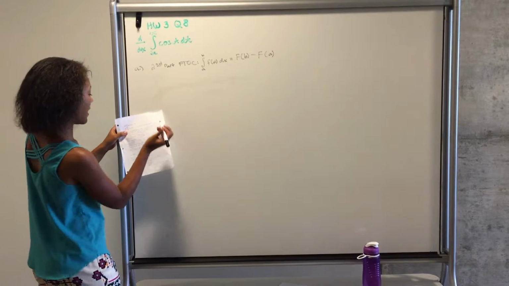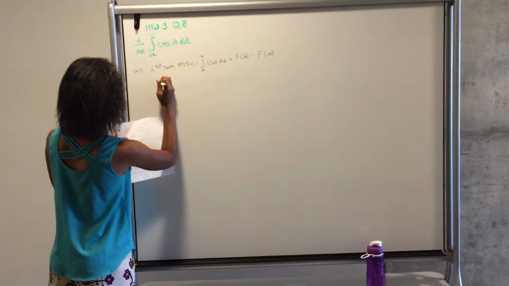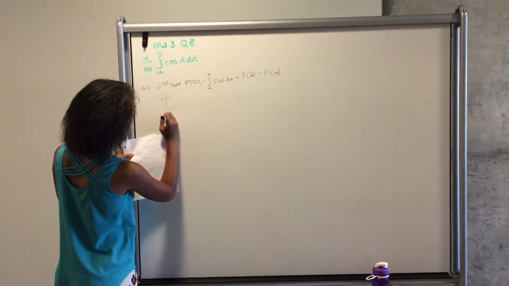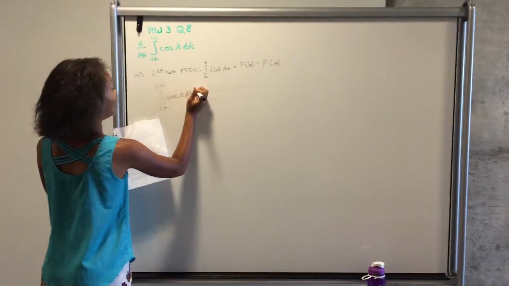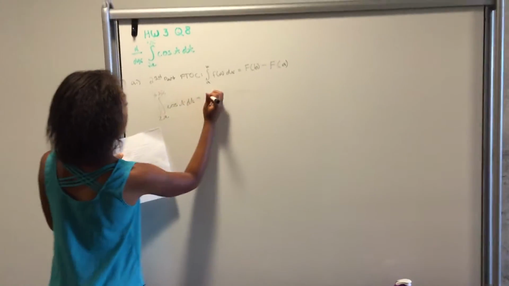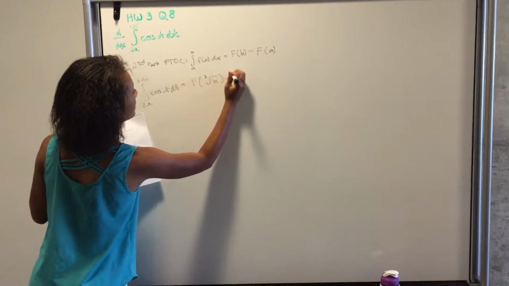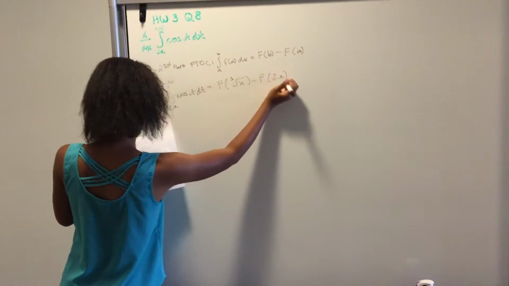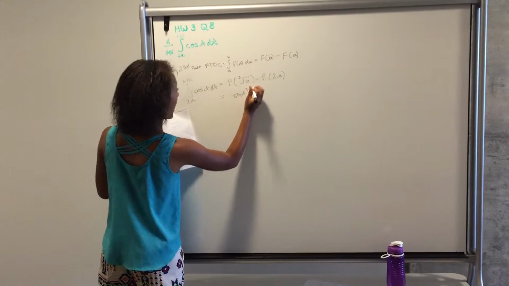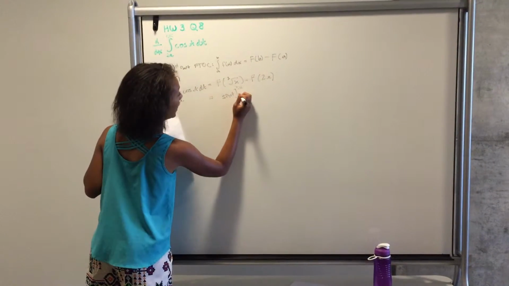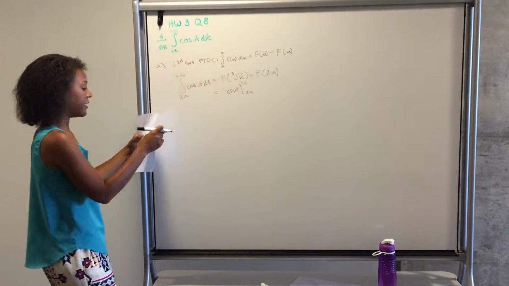And after knowing that, I can write it out like this: the integral from 2 pi to third root x of cosine t dt equals the antiderivative of third root x minus the antiderivative of 2 pi, which is the same as saying sine t, evaluating it at both third root x and 2 pi, because sine t is the antiderivative of cosine t. And so now we evaluate.